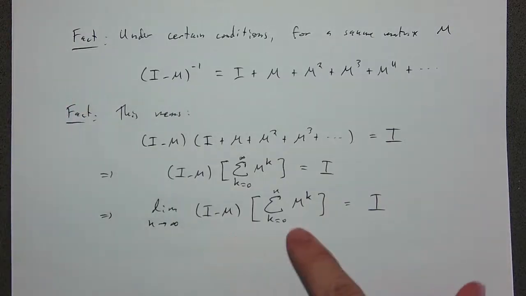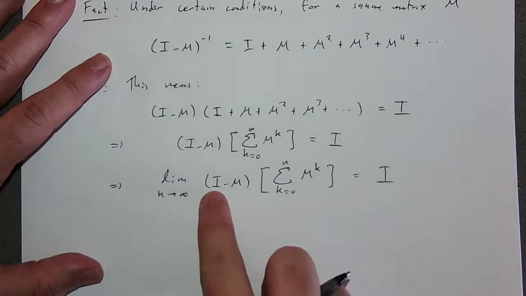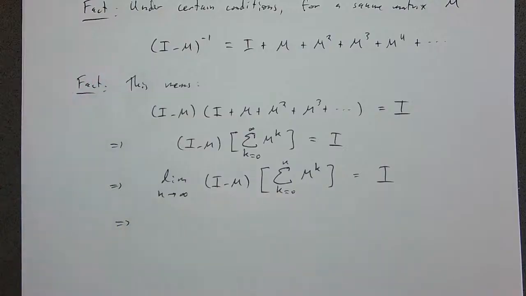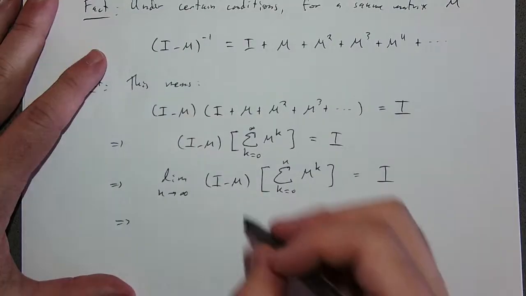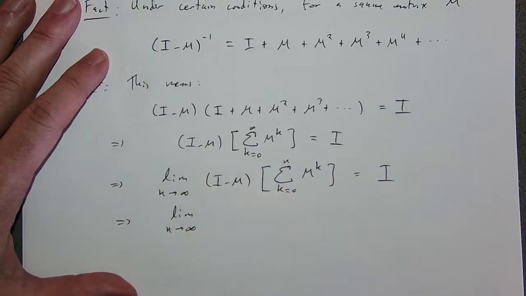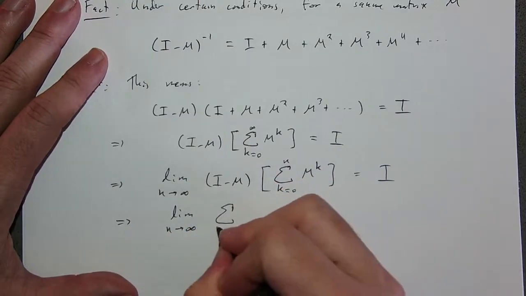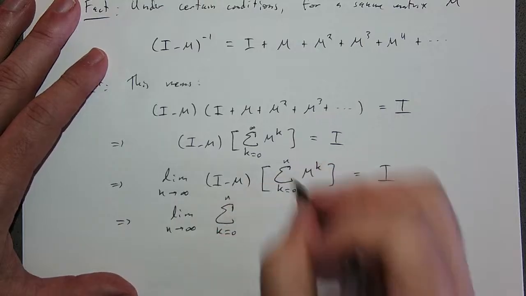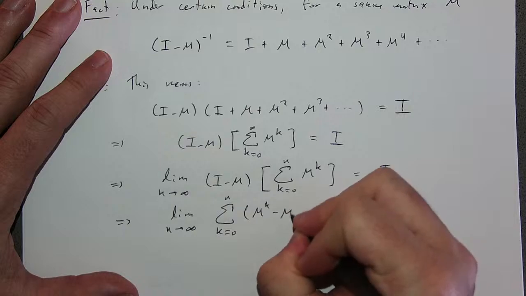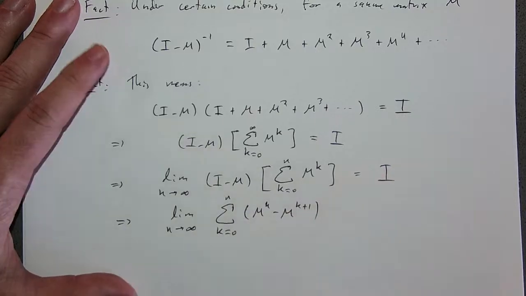Now, this I minus M term doesn't depend on n at all. I can move this inside and distribute this thing to get the following. This is the limit as n goes to infinity of what? Of the sum from k equals 0 to n of M to the k minus M to the k plus 1.